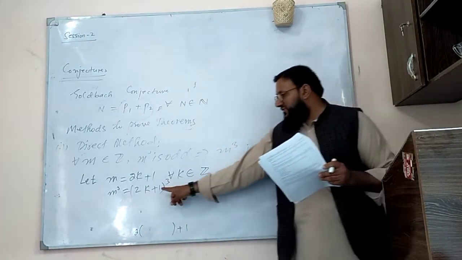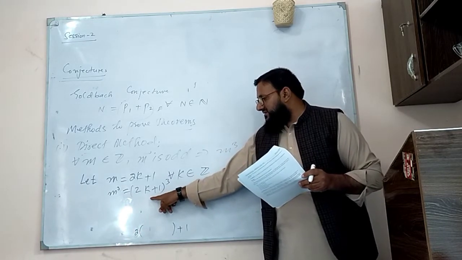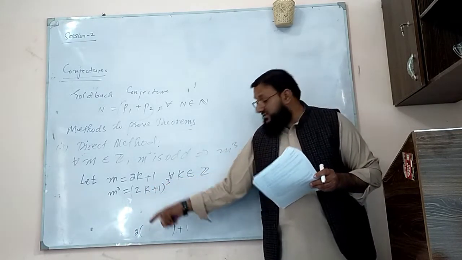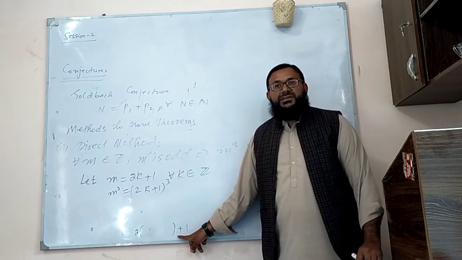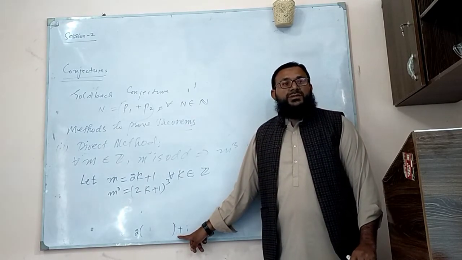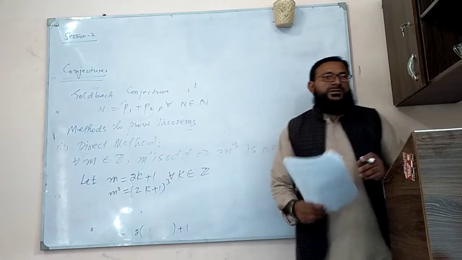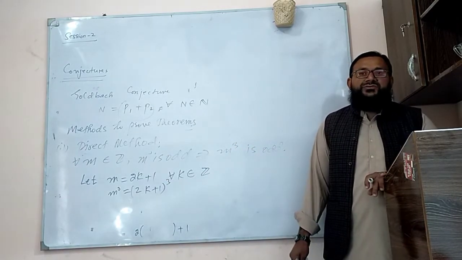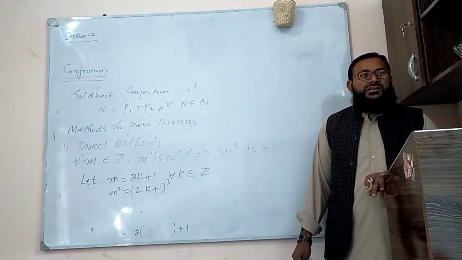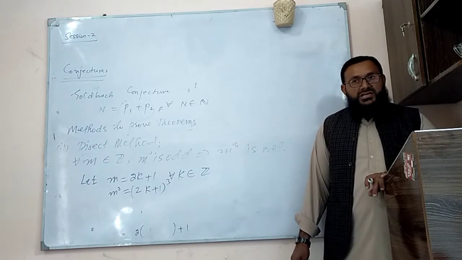So you cube this and simplify, take common or do some other things, and the final answer must be in this form. Then you believe that m cube is also odd. This is the proof of how you can say that m cube will also be odd, and this particular proof is called direct proof.